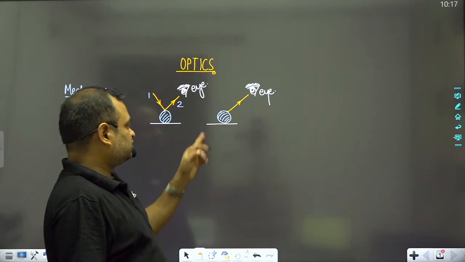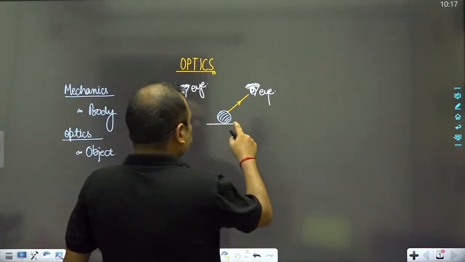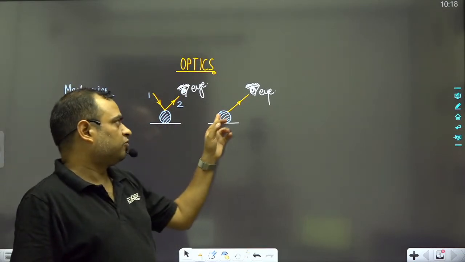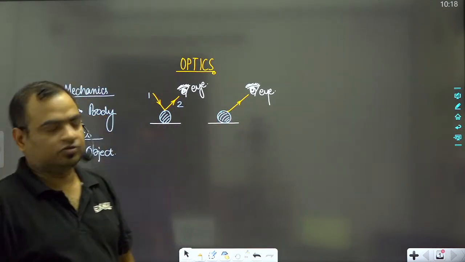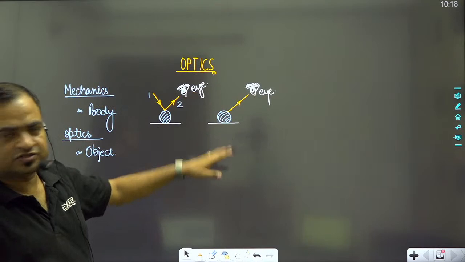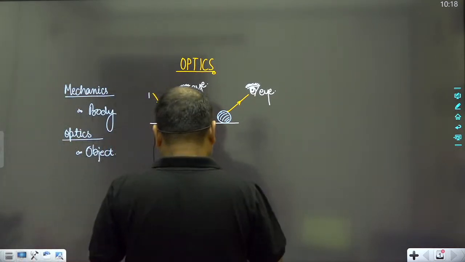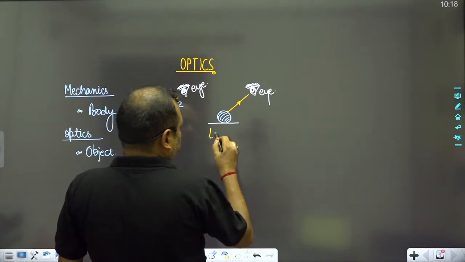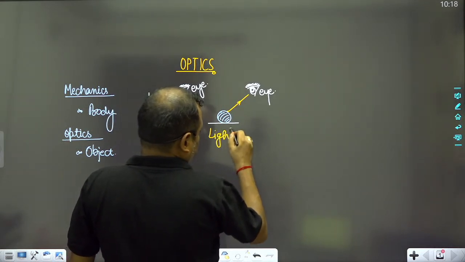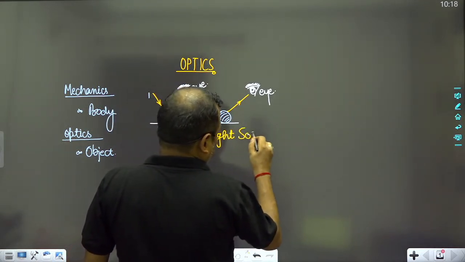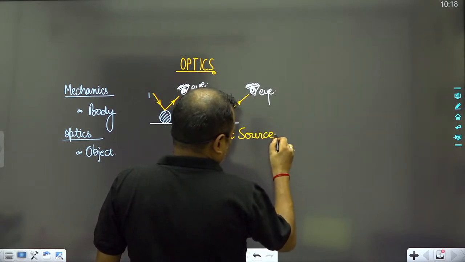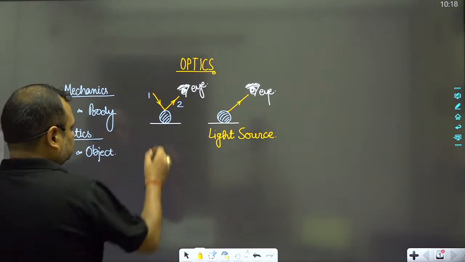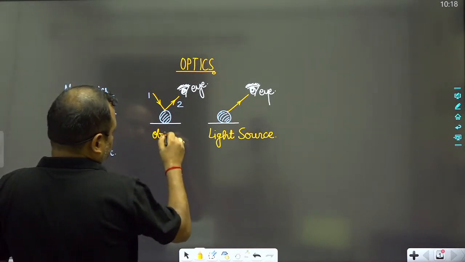This is just because the light rays are going from the object to the eyes, and this happens when the object is a light source itself. So this is an object, actually.